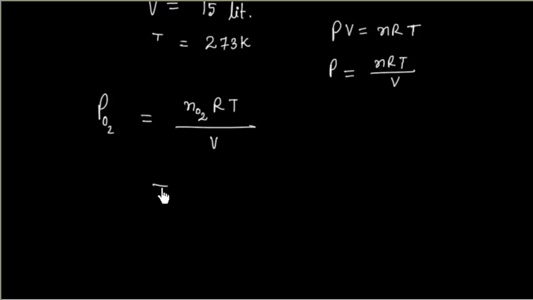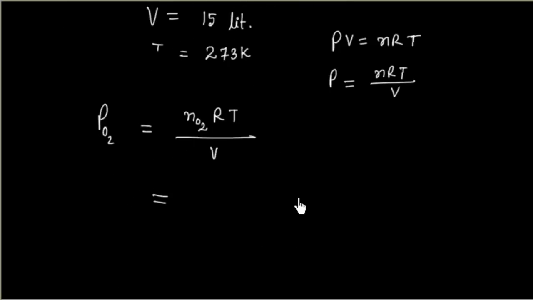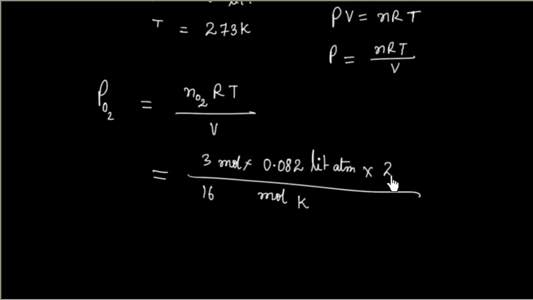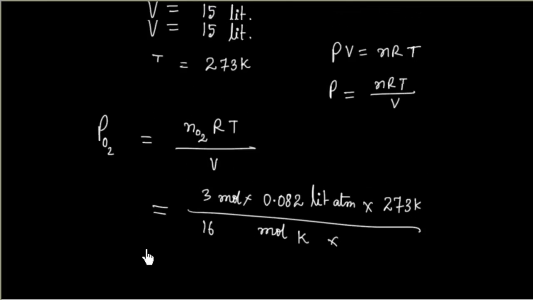So if I plug this value, number of moles of oxygen is 3 by 16 mole, R is 0.082 liter atmospheric pressure, mole Kelvin, and temperature is 273 Kelvin, and volume we have 15 liter.